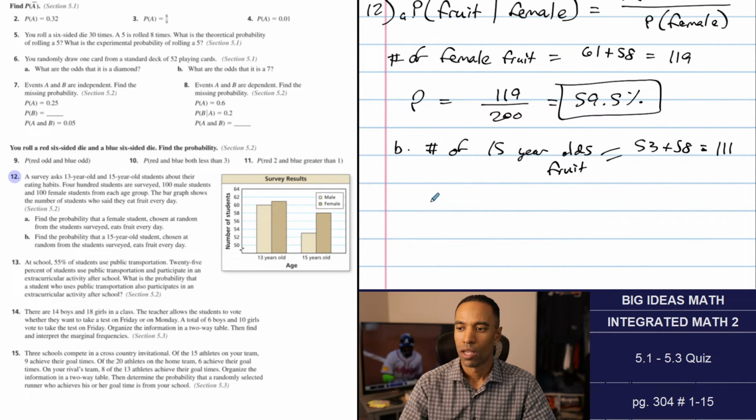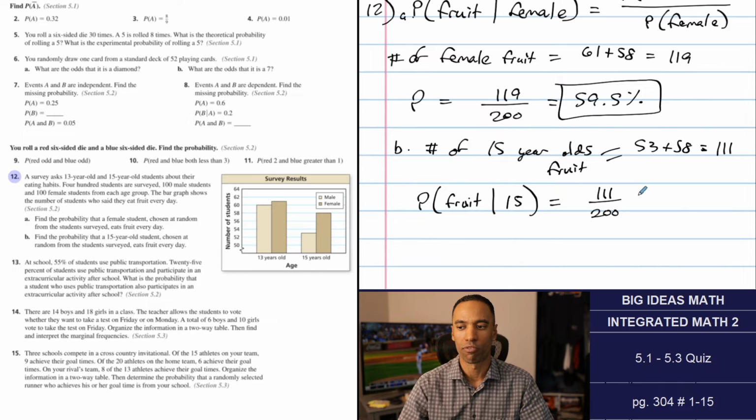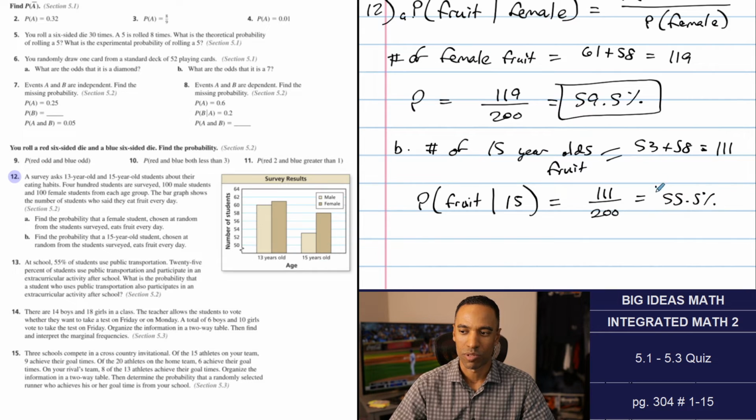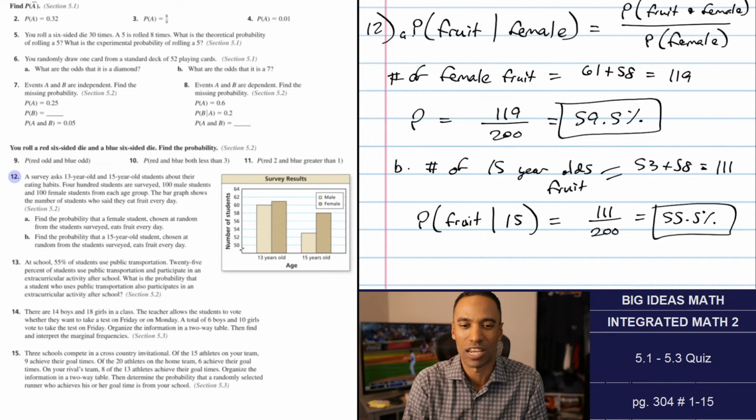So the probability of eating fruit given that you are 15 is 111 divided by 200. This problem seems more like what I was doing in the textbook. I think it's 55.5%. Having the conversation matters in these cases.